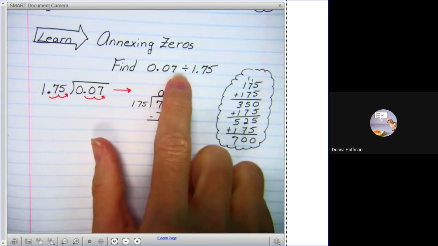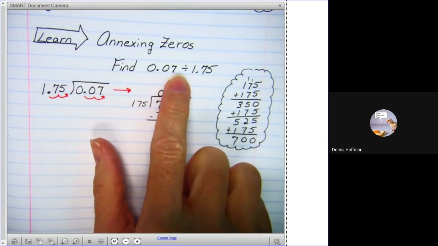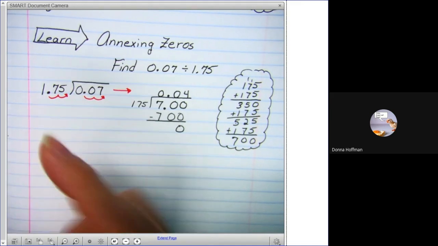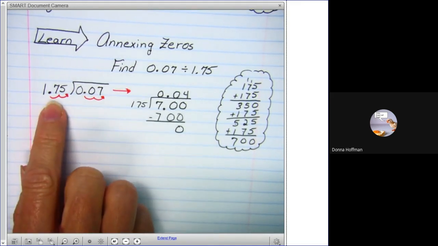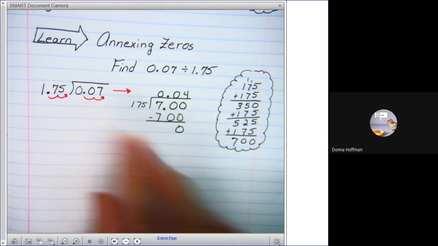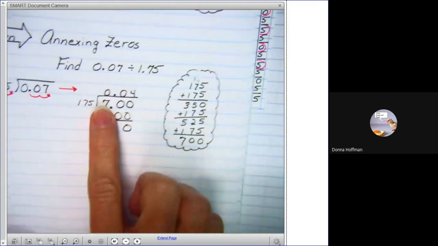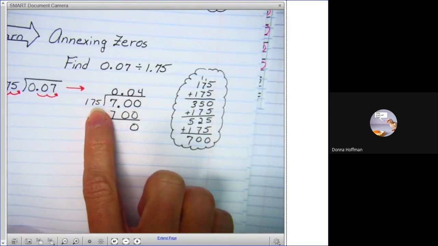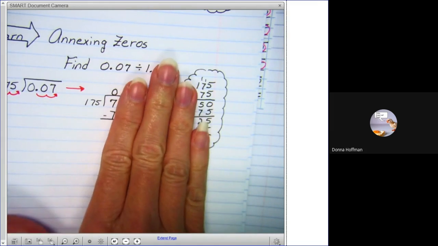We wrote the problem down, 7 hundredths divided by 175 hundredths. Then we evaluated the problem and noticed that we had to make our divisor a whole number, moving it 2 places to the right and the dividend 2 places to the right. We rewrote the problem and cleaned it up. So now it's 175 divided into 7.